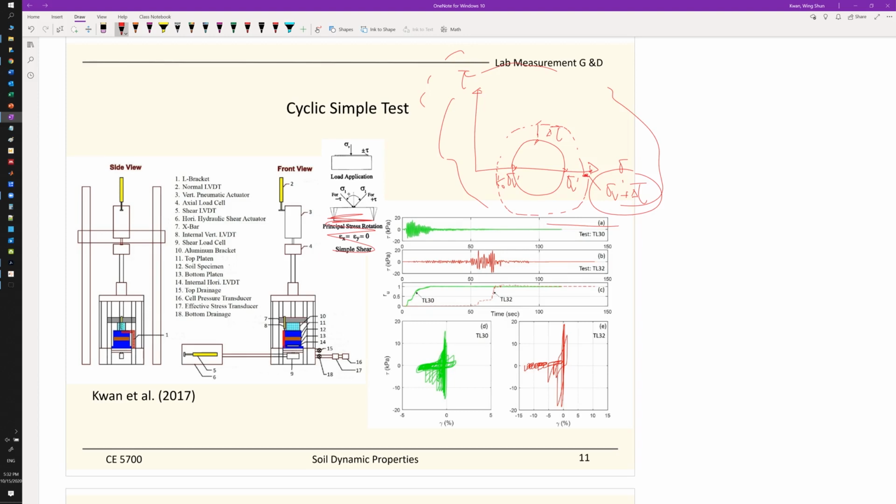The cyclic triaxial is an easier test to run, and many times if we lack availability of laboratory equipment, people may still want cyclic triaxial tests. With cyclic triaxial tests, we can have other usages rather than just site response analysis. A lot of pavement people get the modulus values they need. So it's still very popular. But the simple shear test is particularly useful for geotechnical earthquake engineering purposes.